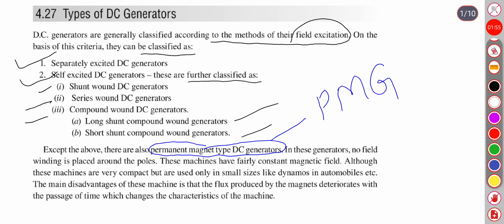So in such type of generators, the magnets are permanent magnets, but in the above cases, where separately excited or self-excited, the field is excited by an external source of supply or by an internal source of supply.